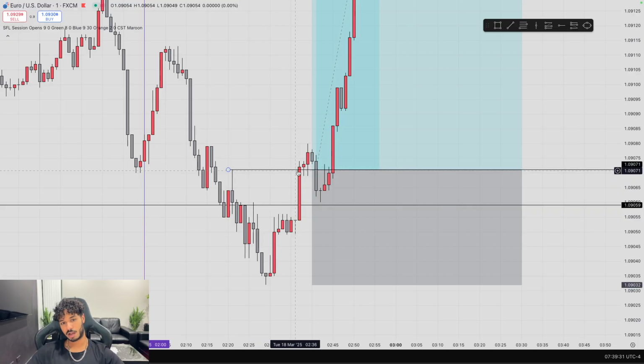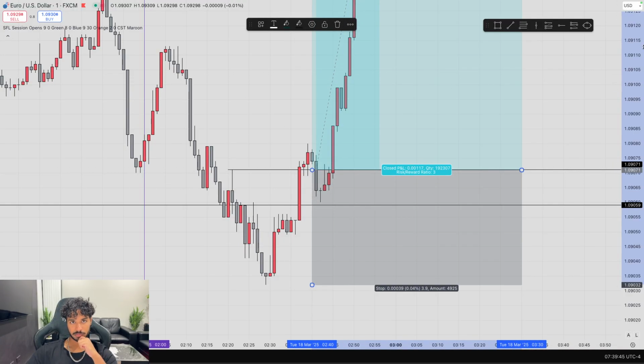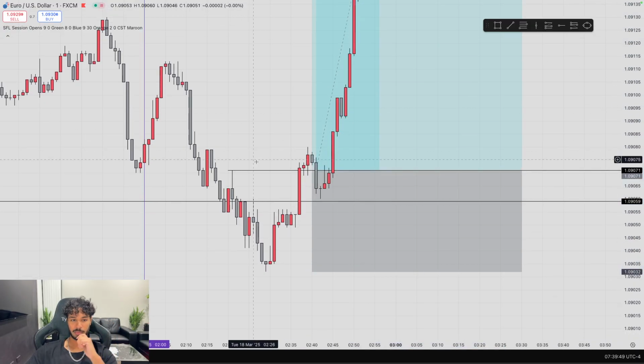Price closed above this high, and we got a liquidity sweep and break of structure shift, which we can see price is done here, right? I placed my entry right on it, so I don't miss out on my trade, because it's happened to me before.